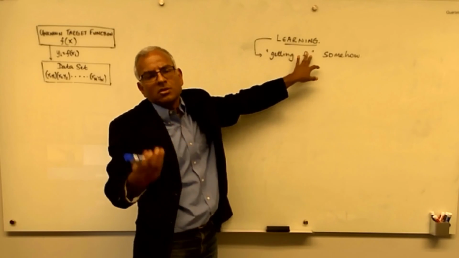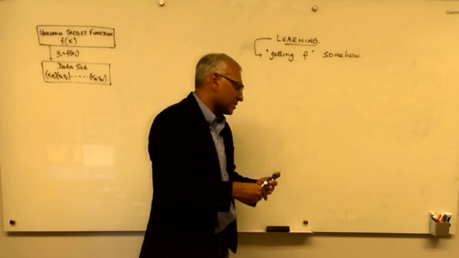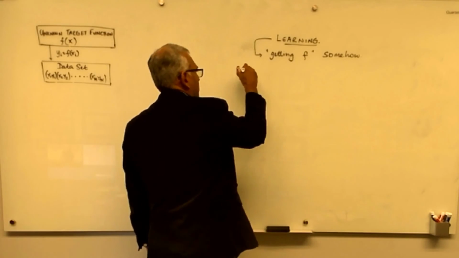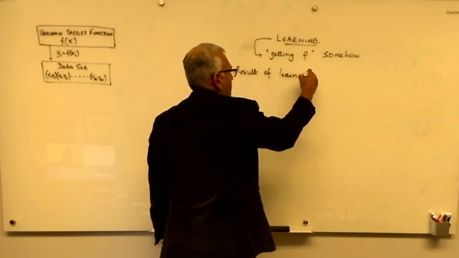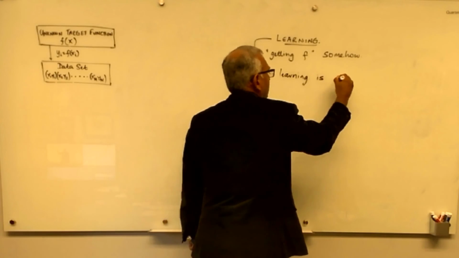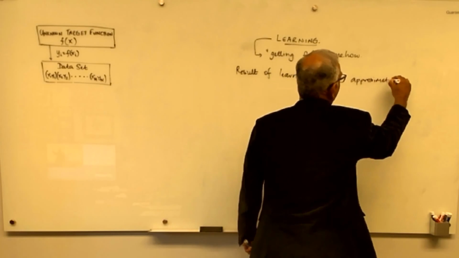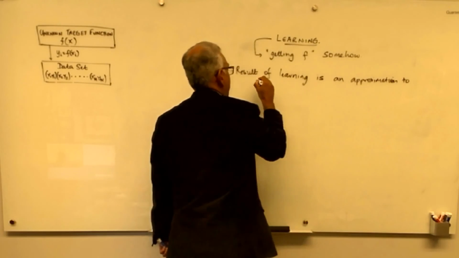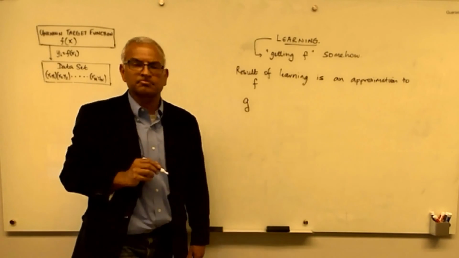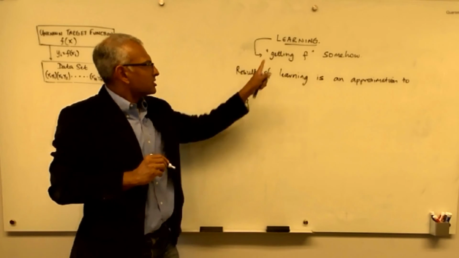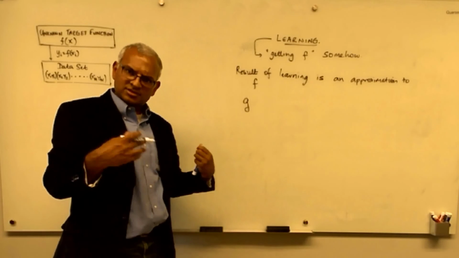Now, that's without loss of generality. That doesn't exclude the possibility of producing f. So we will say that the result of learning is an approximation to f. And we will call it g. Okay, so g is the output of learning. So g is a beast of the same form as f.